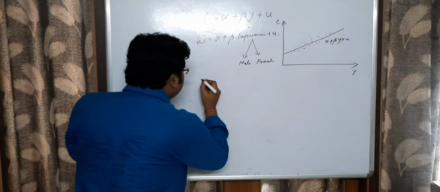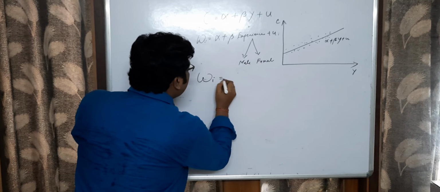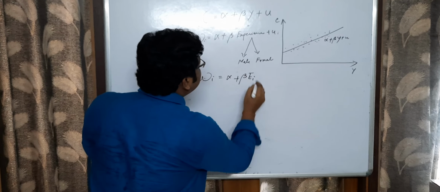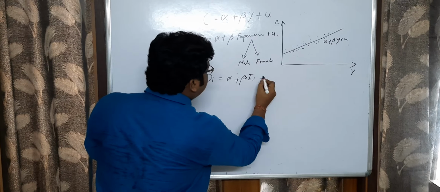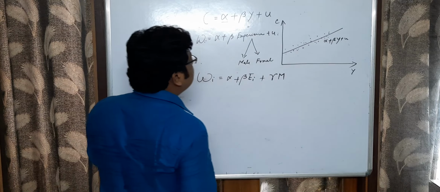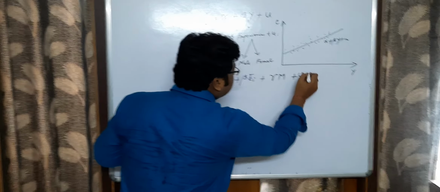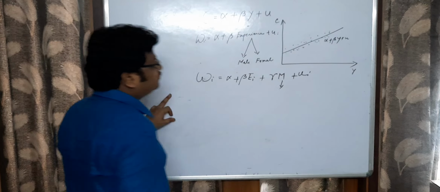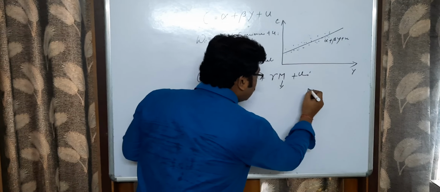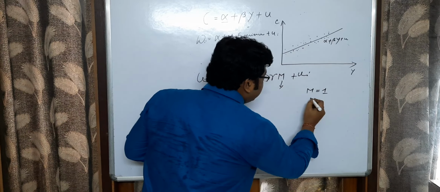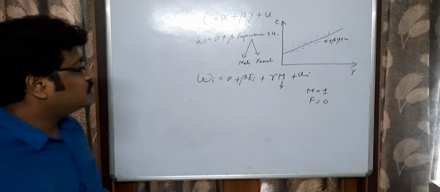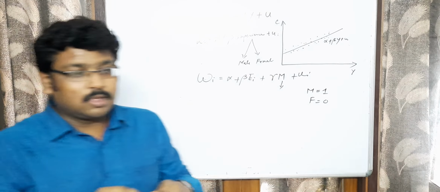Dummy variable, suppose Wi equals alpha plus beta experience Ei plus gamma male plus ui. This is the dummy variable, and it is 1 for male and 0 for female.